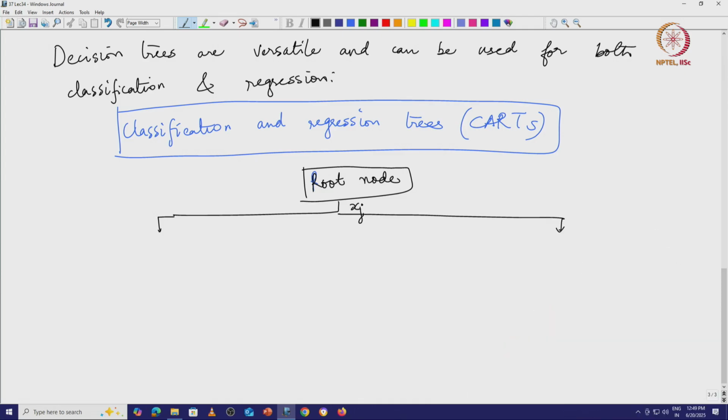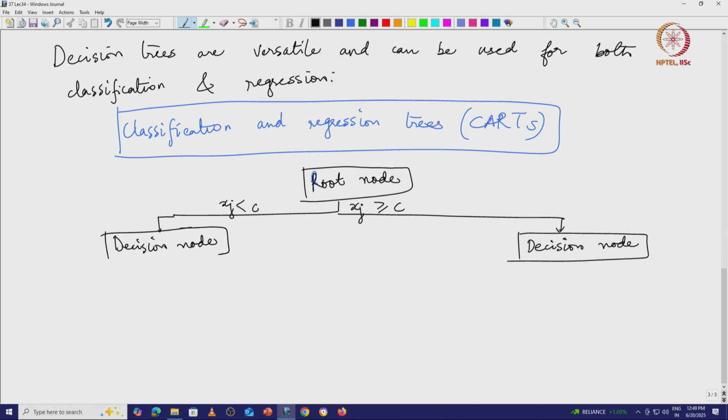Let us say you are working with the jth feature, and if the jth feature is less than c, you come to this branch. If the jth feature is greater than or equal to c, you come to this point, and again you reach a decision node. This is again a decision node.